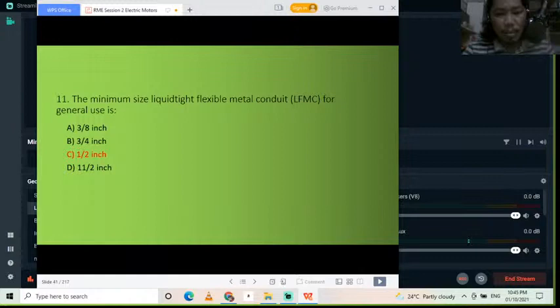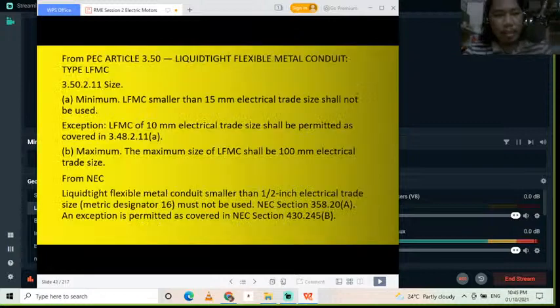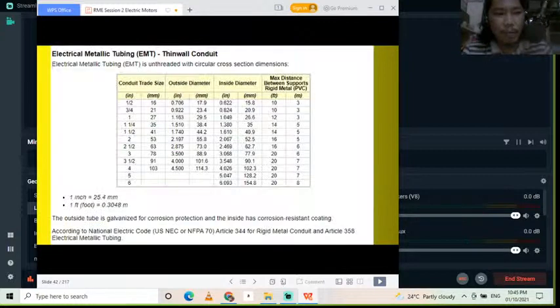Pero pagdating sa ating Philippine Electrical Code, tingnan natin kung tama ba yung LFMC, yung ating 15 mm electrical trade size. Pag inches, 1/2. Pag millimeter, 16. So, almost malapit na rin sa ating 15 mm. Kung titingnan natin, 1 inch is equal to 25.4 mm.